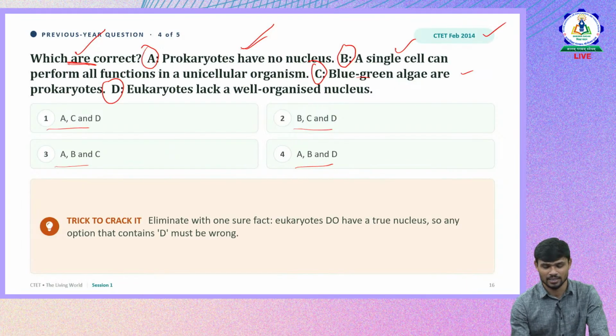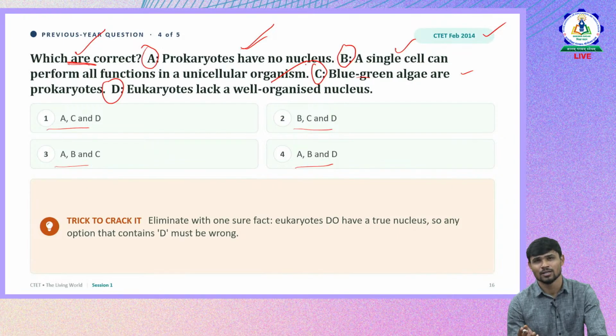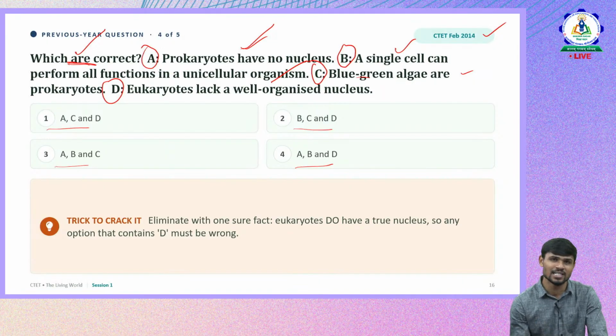So is that right? It is also right, because bacteria is a single cell, cyanobacteria is also a single cell, and amoeba is a single cell organism. That one cell itself performs all the functions necessary for the living of that organism. So that is also right.